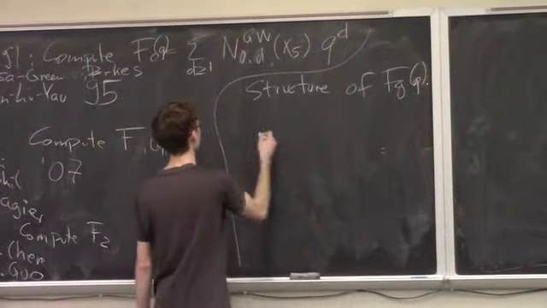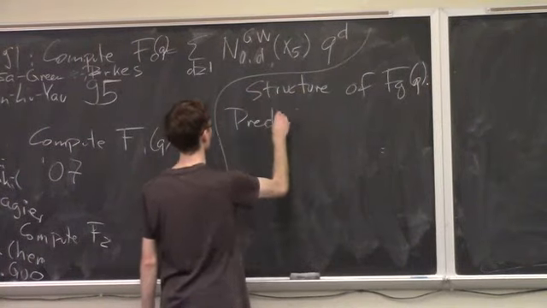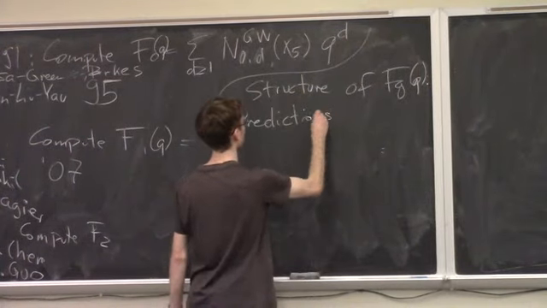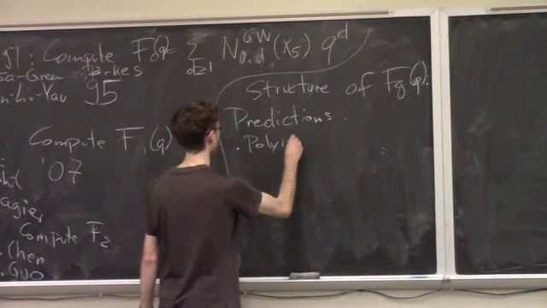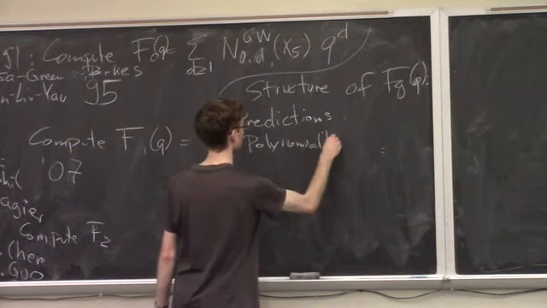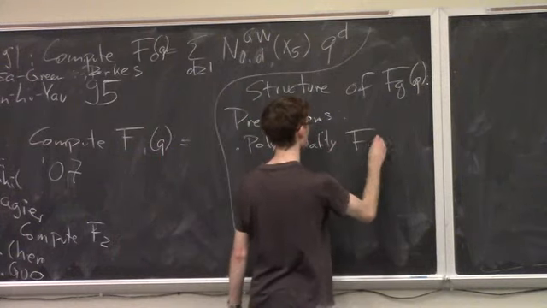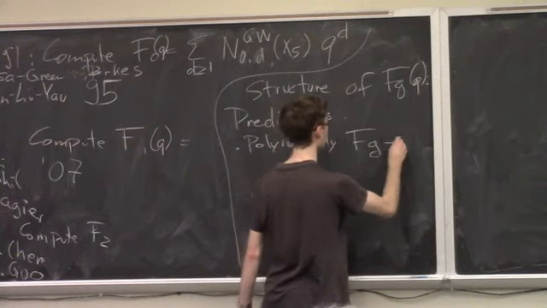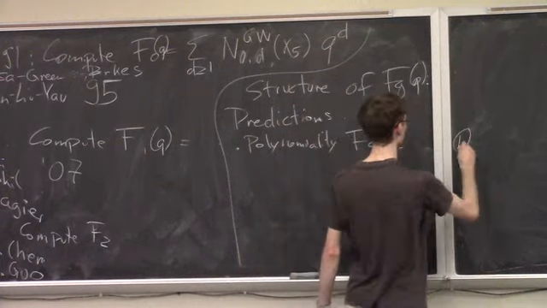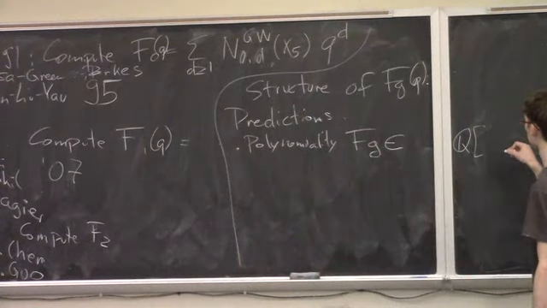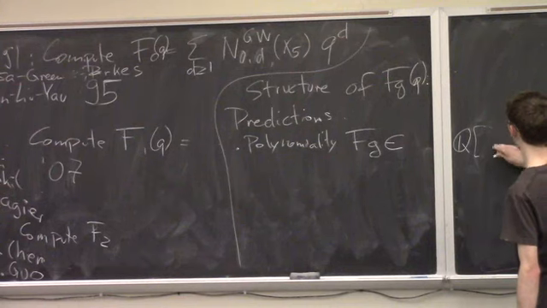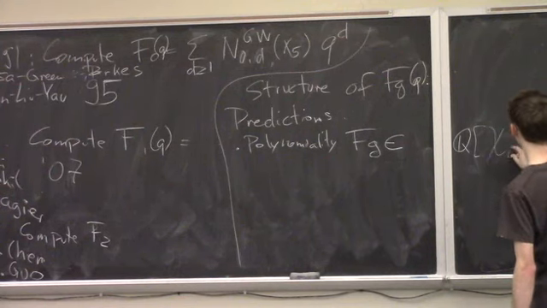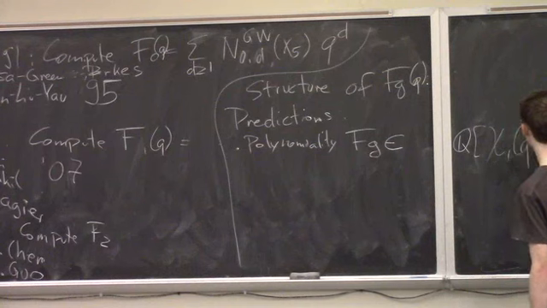And for that, there are many predictions from physics. For example, there's something called polynomiality, which tells you that you can write F_g as a polynomial in terms of five concrete series.